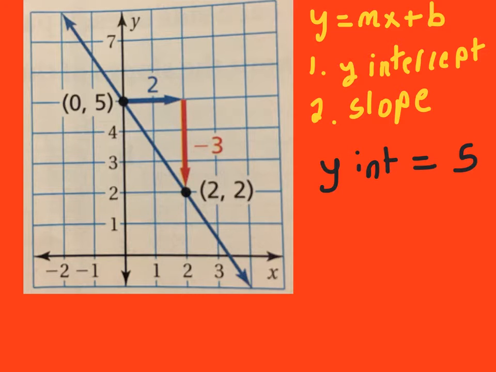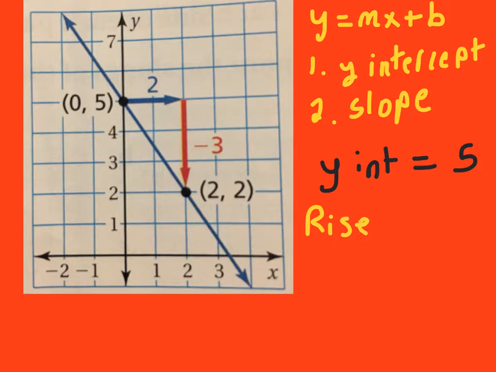Our second step is to find the slope of this line. And we're going to find the slope of this line by starting at one point on the left and going to a point on the line to the right of that. So to do that, we're going to go over 2, down 3. Remember though, that slope is rise over run.